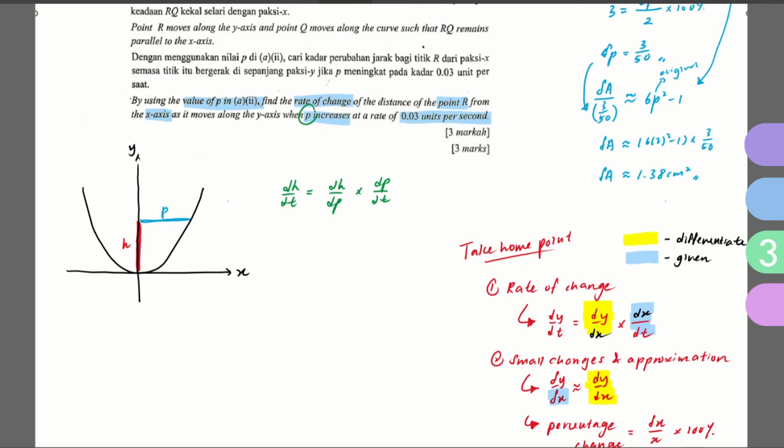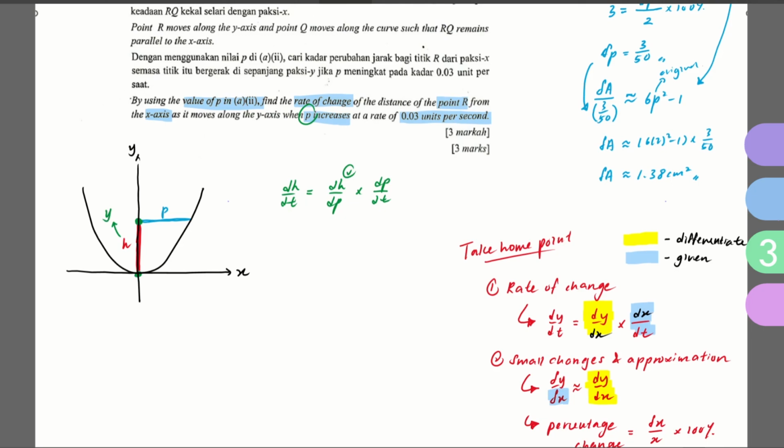To find dh over dp, we have an issue, because we don't have an original equation which relates h and p. So let's go back to the diagram here. If we want to calculate the length h, we need to find the y-coordinate for this point and deduct. So h actually depends on y.